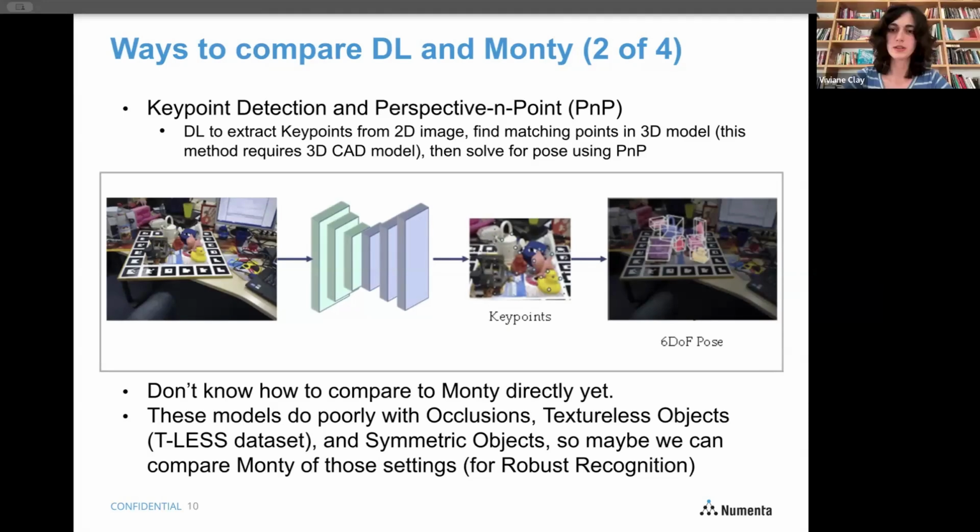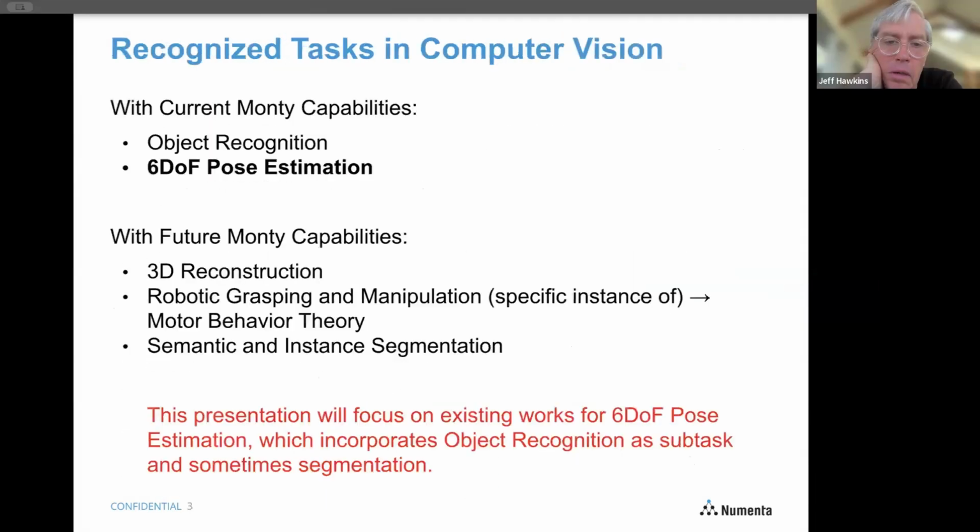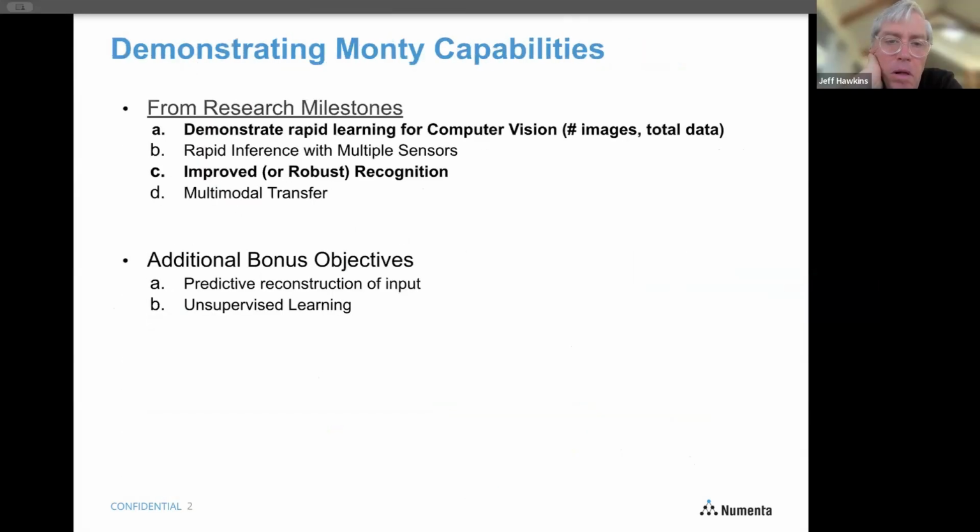Both. So the voting is, I think, 0.2 of the capabilities that we want to demonstrate. Yeah, rapid inference with multiple sensors. Okay, so that multiple sensors includes multiple vision patches or multiple somatic sensors. That even fooled me, because maybe if it said multiple sensor patches, that would be clearer.